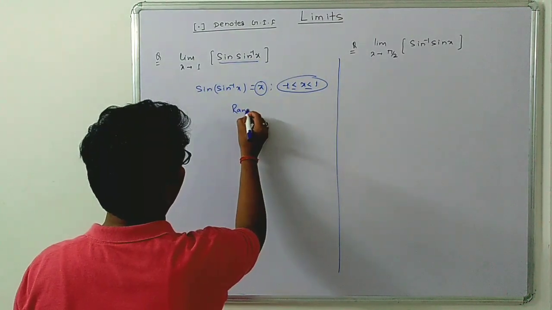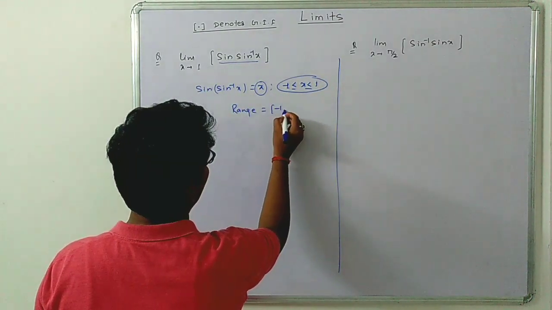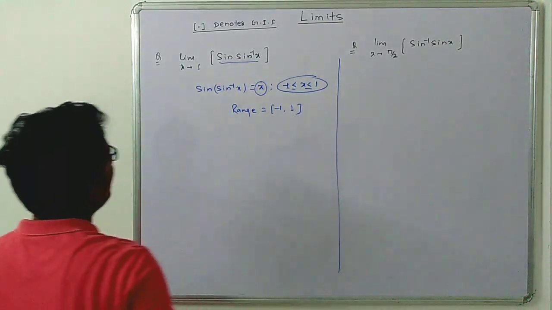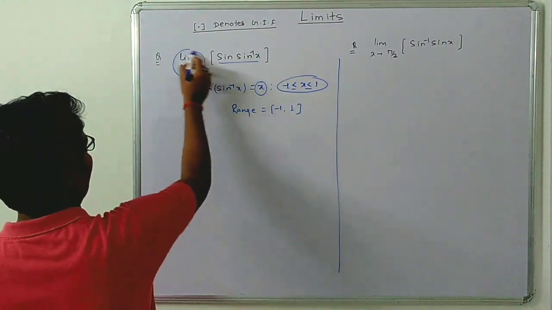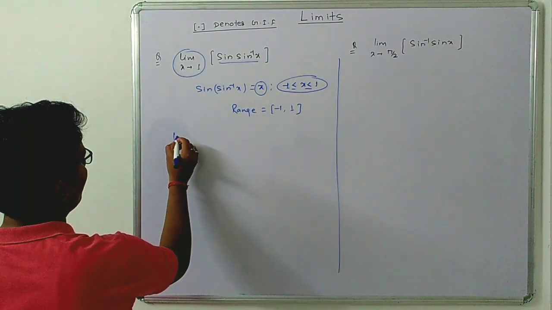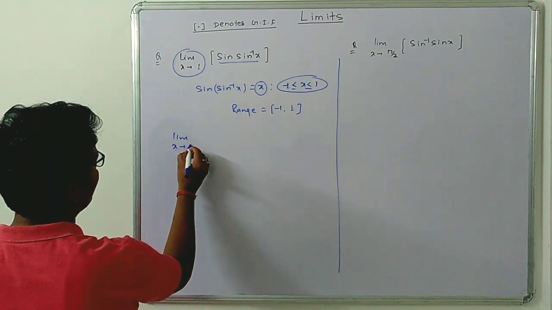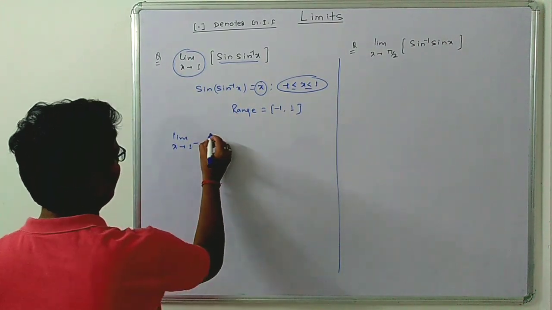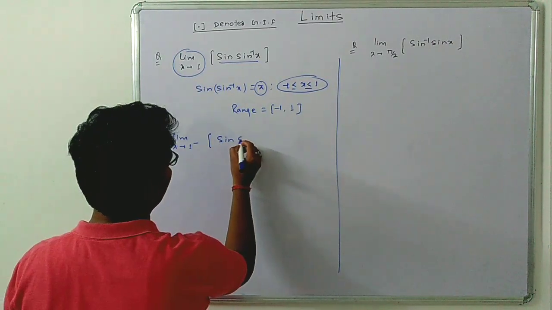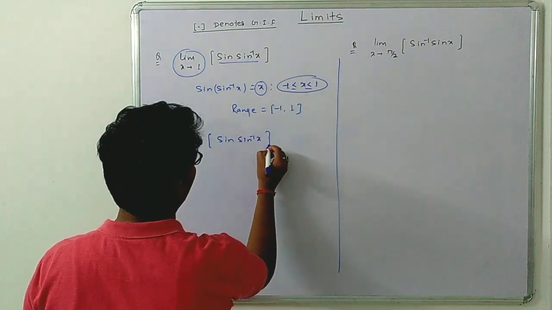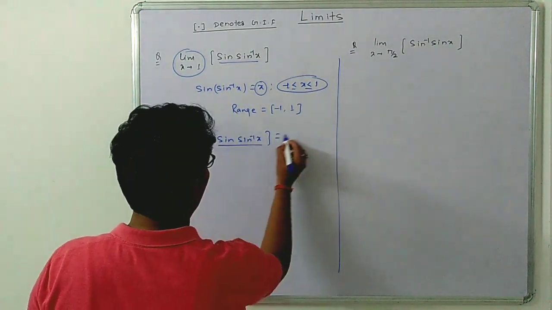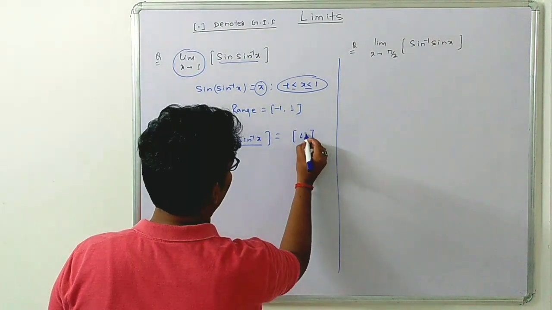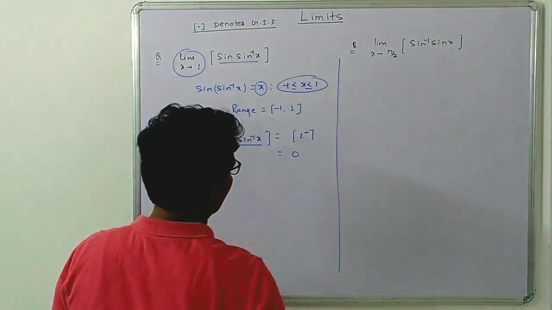Now here the limit is x tending to 1. So first of all, can we find the limit x tends to 1 minus of sine inverse of x? Its value is going to be the greatest integer of 1 minus, right? So its value is equal to 0.